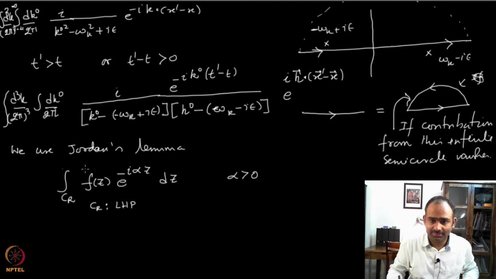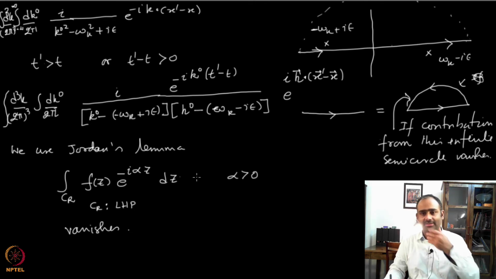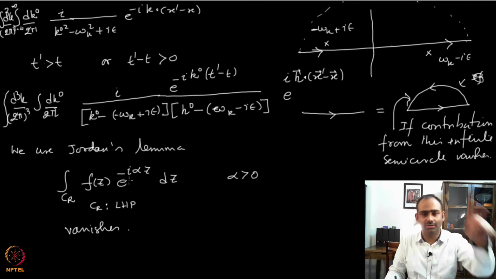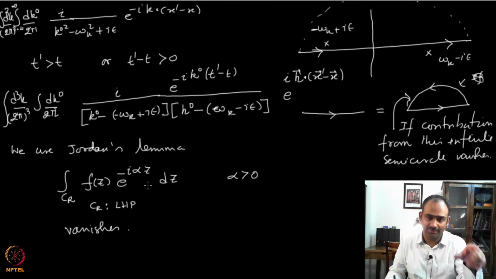So, this integral vanishes if alpha is greater than 0 and you close the contour in the lower half plane. That is important. If this is the integral given to you, you cannot close the contour in the upper half plane, that will not work. So, that will not vanish.